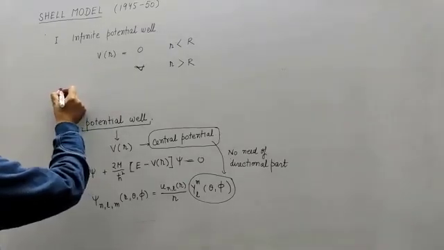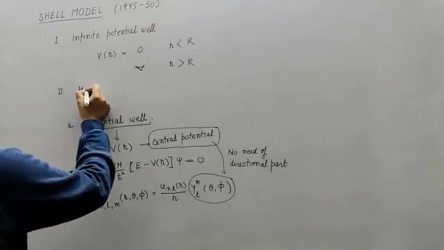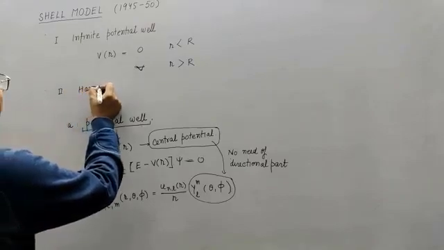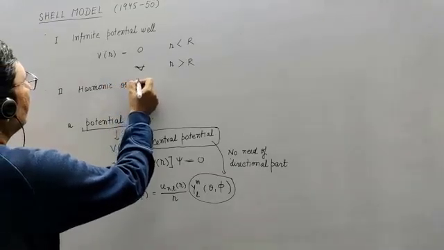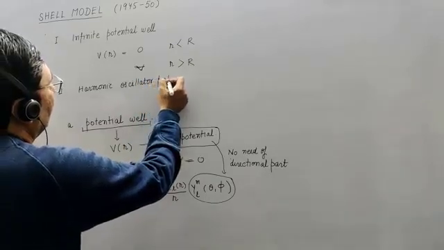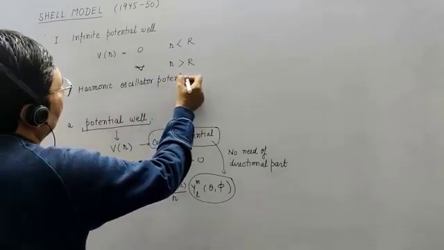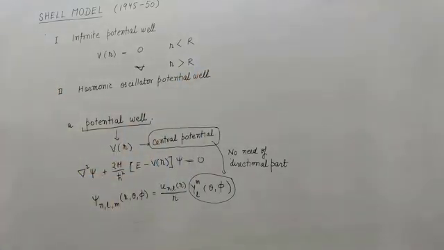The second type of potential they chose was the harmonic oscillator potential well. This was another important potential chosen by the people.